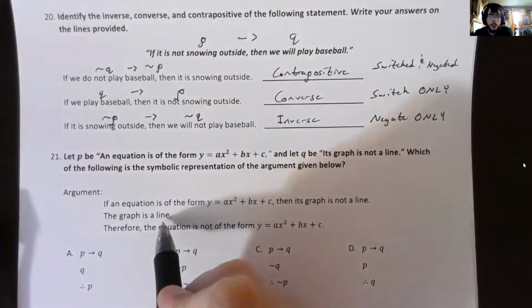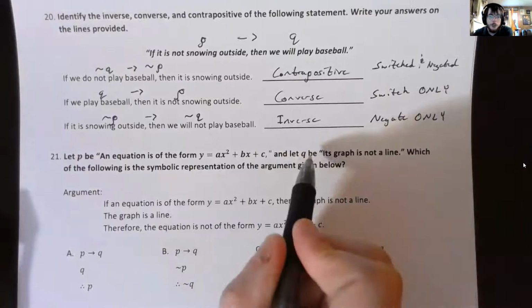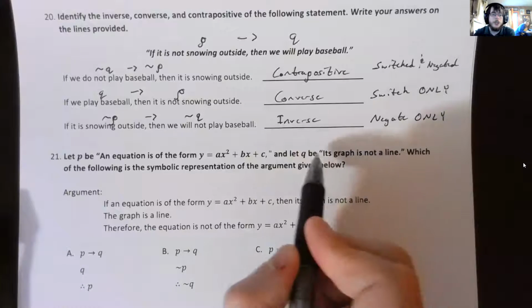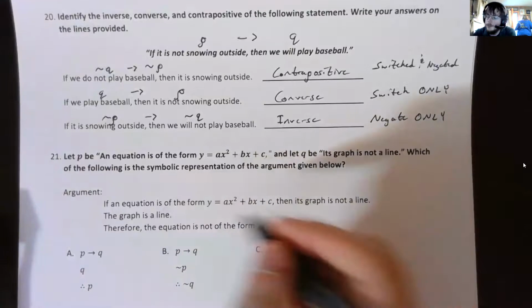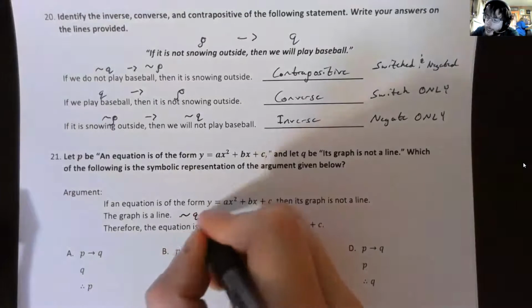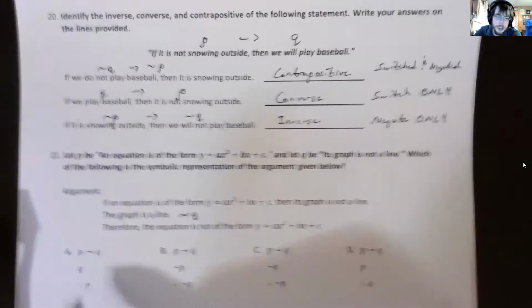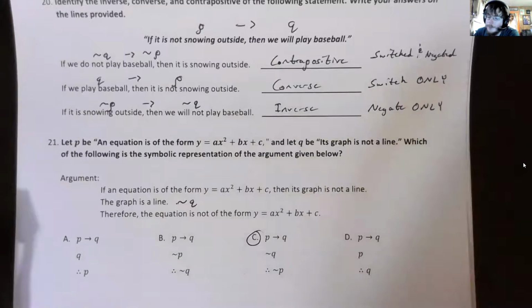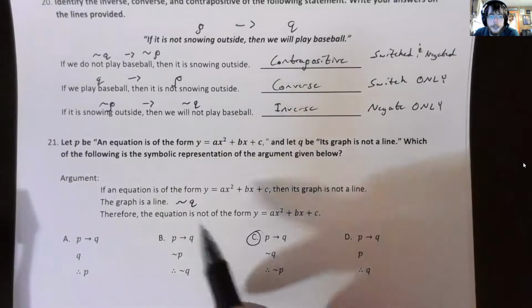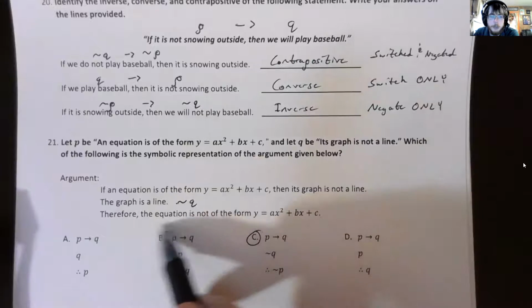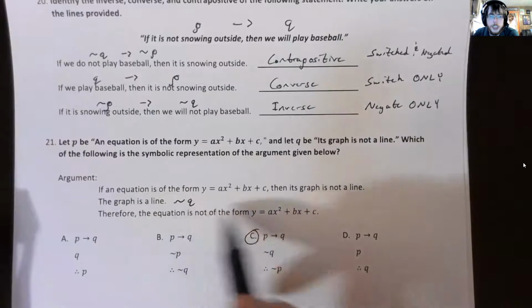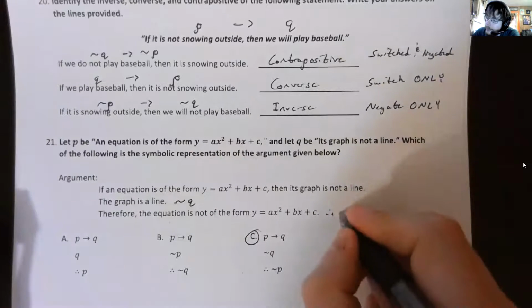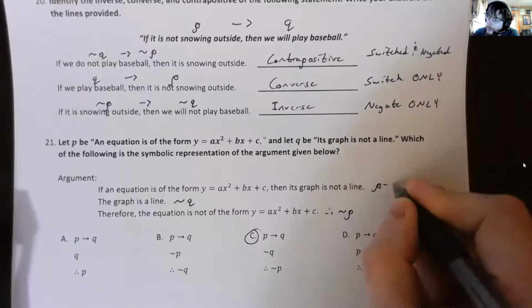Now, which one talks about the graph being a line? Well, that would be Q, but Q says its graph is not a line. So Q here, that's the opposite. So this would be not Q. And if you look at your answer choices, the only one that has not Q in the second spot is C. And you can confirm that by the fact that the equation is not of the form, that would be the opposite of what P is.